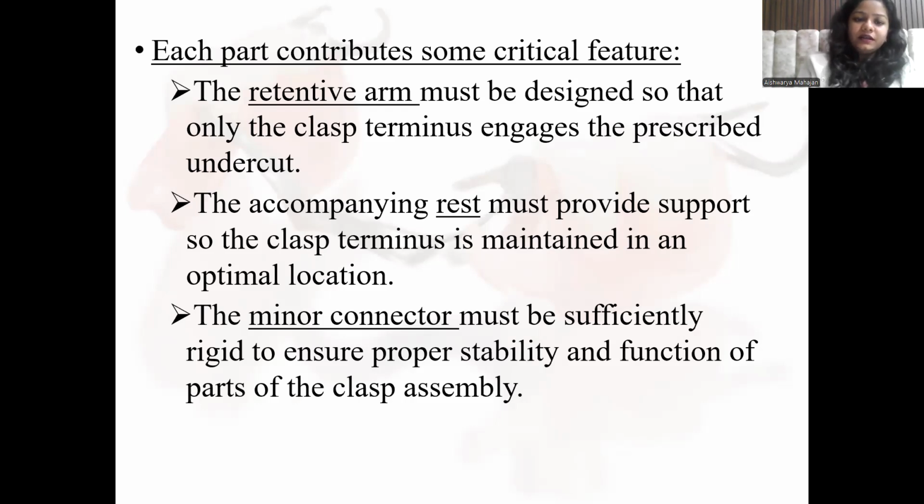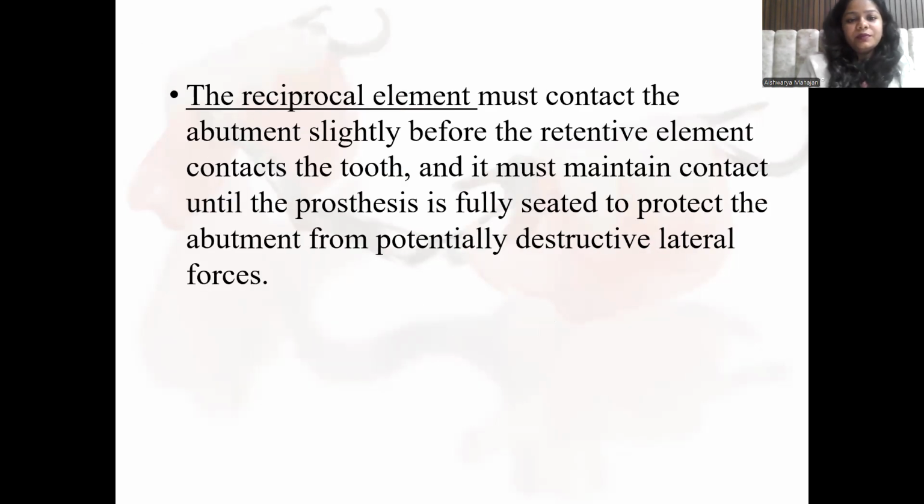The minor connector must be sufficiently rigid to ensure proper stability and function of parts of the clasp assembly. The reciprocal element must contact the abutment slightly before the retentive element contacts the tooth, and it must maintain the contact until the prosthesis is fully seated to protect the abutment from potentially destructive lateral forces.